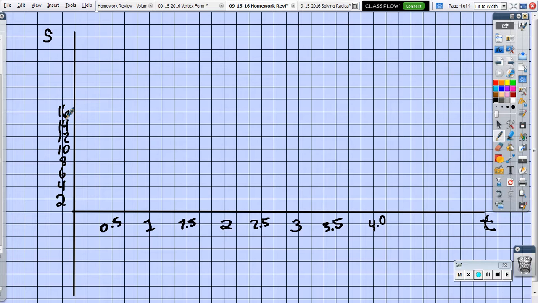All right, here we go. Lots of points. At 0 seconds, we have 3.5. Something like that. I'll go a little bit bigger.